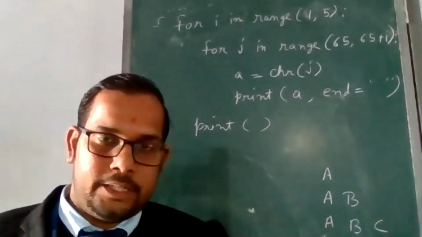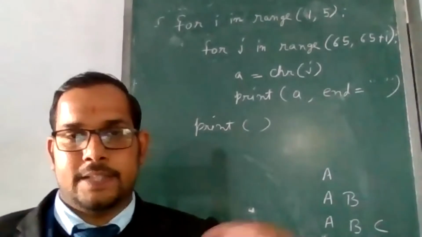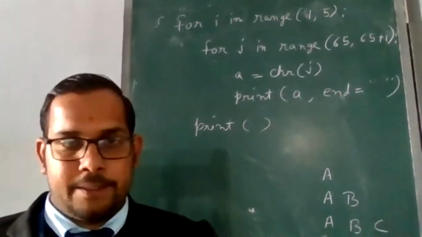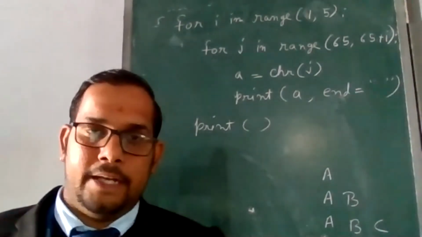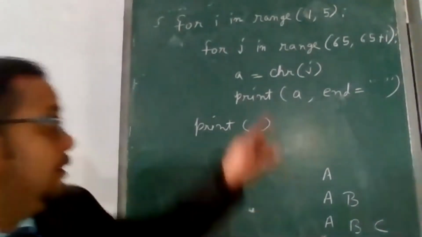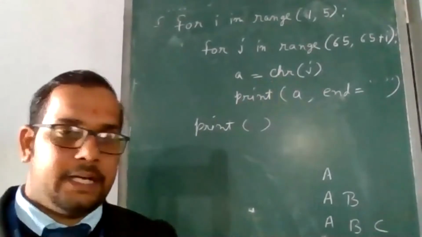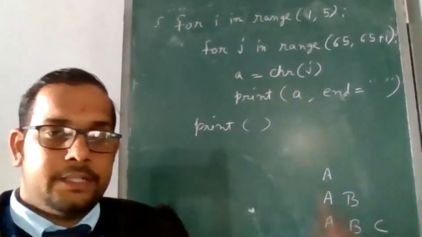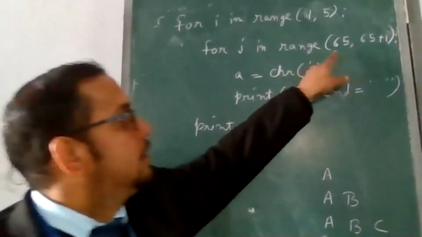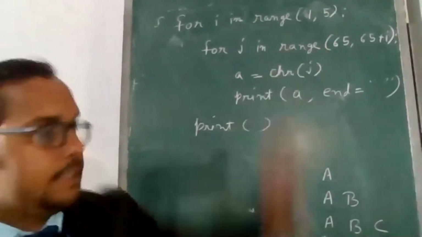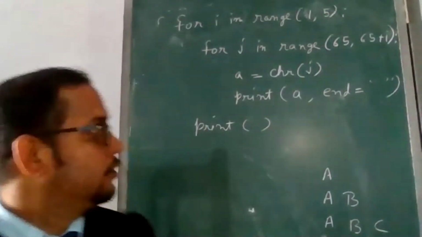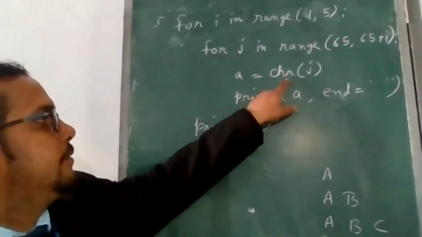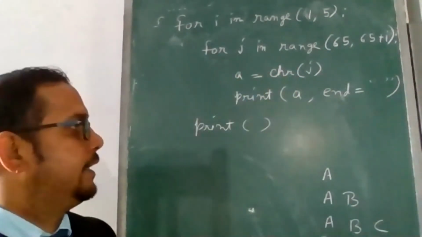Like if you provide A, it will provide its ASCII value: capital A is 65, and small a returns 97. The chr function returns the character corresponding to this number. 65 corresponds to capital A.